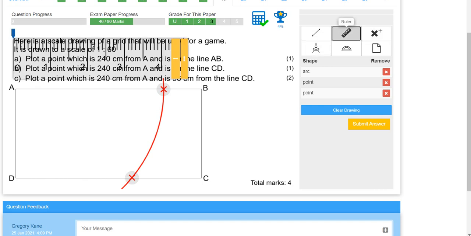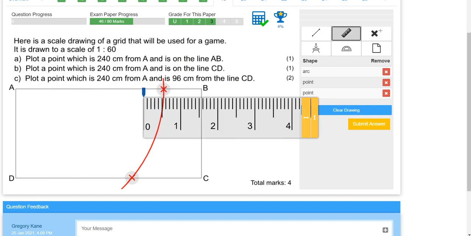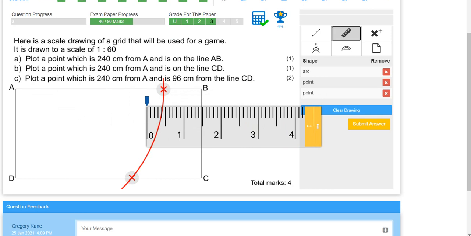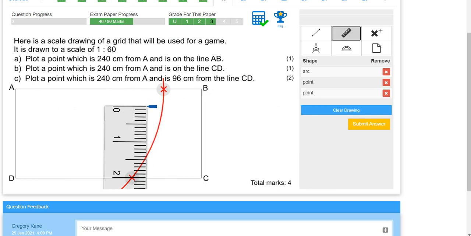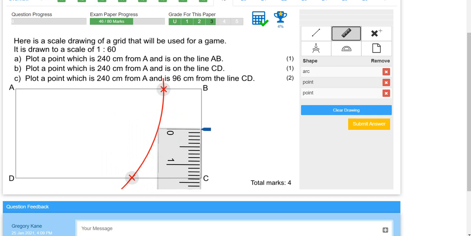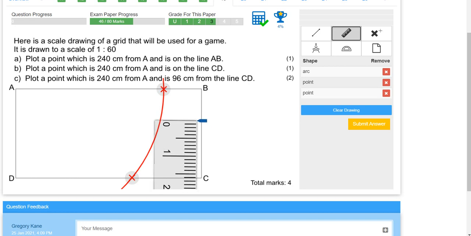So I'm going to use my ruler, and I'm going to measure 1.6 centimeters from there. So here we go. I'm looking for 1.6, and I can see that if that's 1, that should be 1.6 centimeters just there. So I'm going to just make a mark.